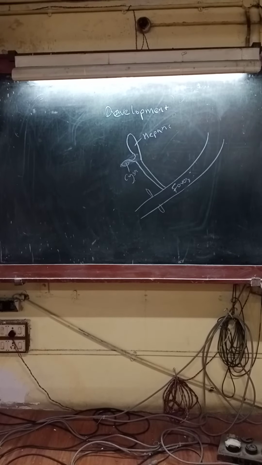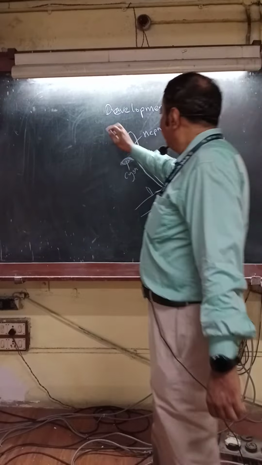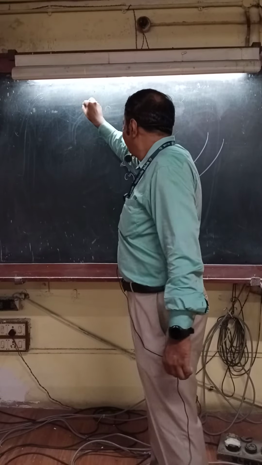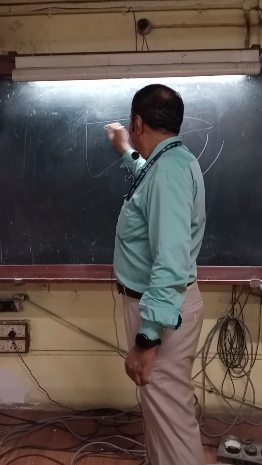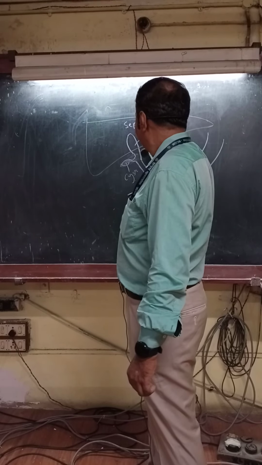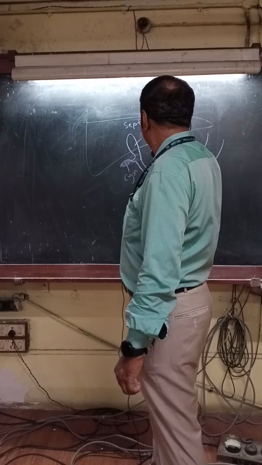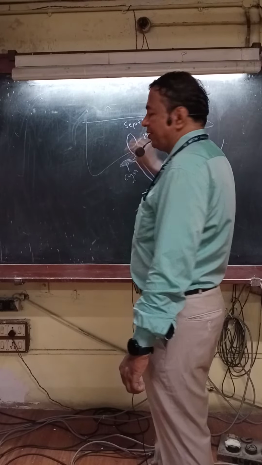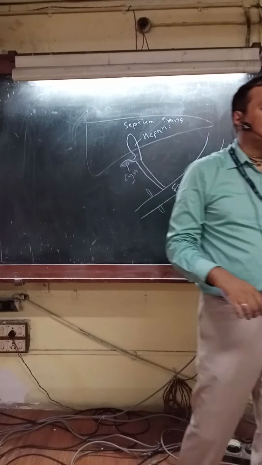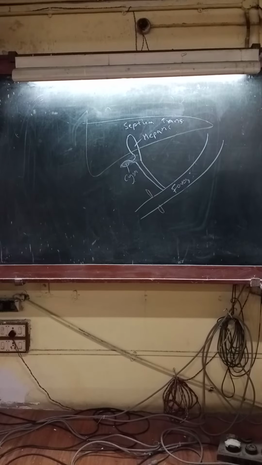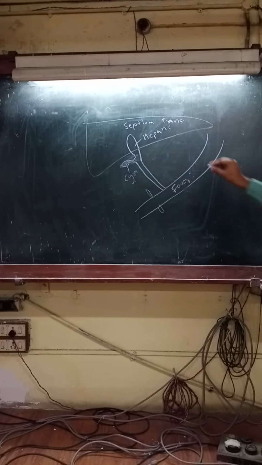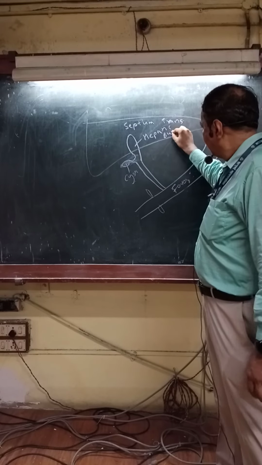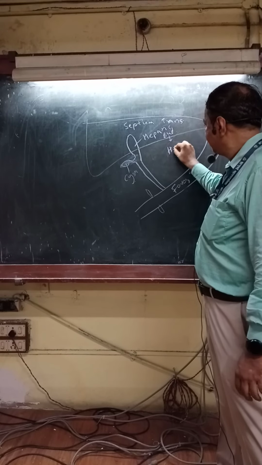Hepatic bud doesn't give rise to the liver alone, because this hepatic bud enters into a structure called the septum transversum. It enters the septum transversum, and then the hepatocytes are formed. So the hepatic bud gives rise to hepatocytes.